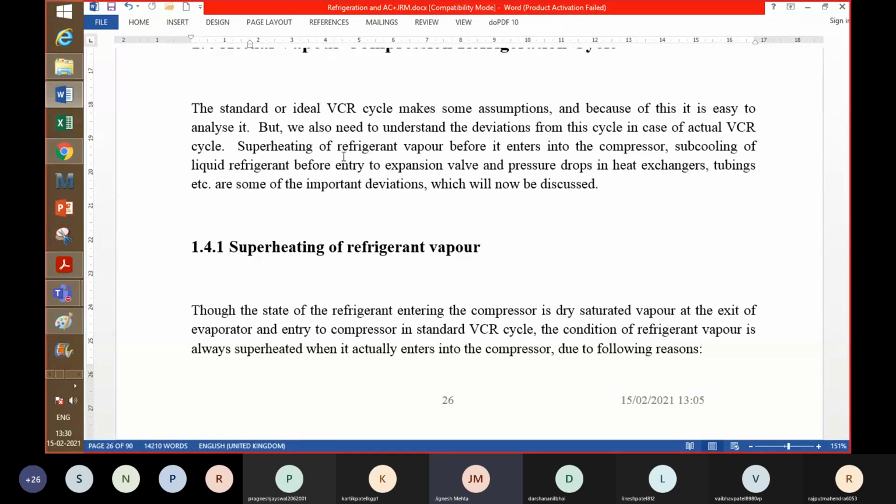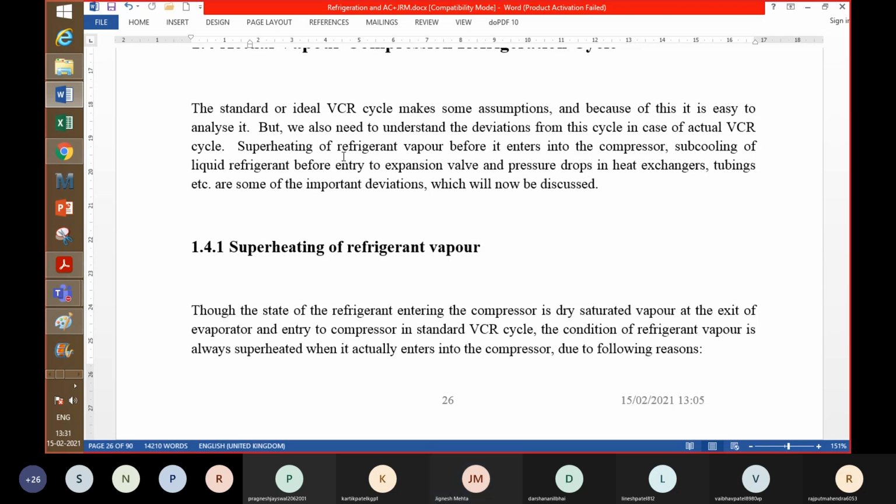One deviation is superheating of refrigerant vapor before it enters into the compressor. You already witnessed that in the practical. Then subcooling of liquid refrigerant, again observed in the practical, before entry to the expansion valve. And pressure drops in heat exchangers.